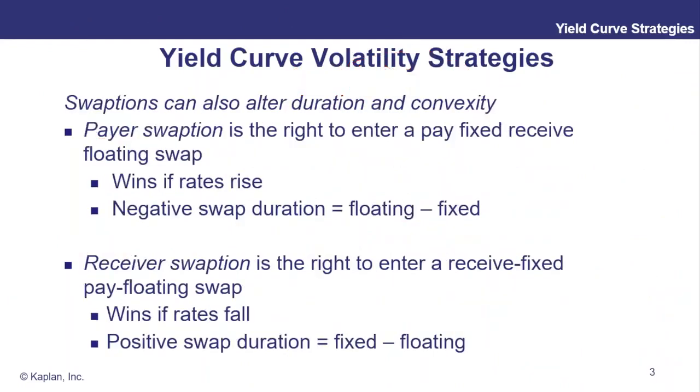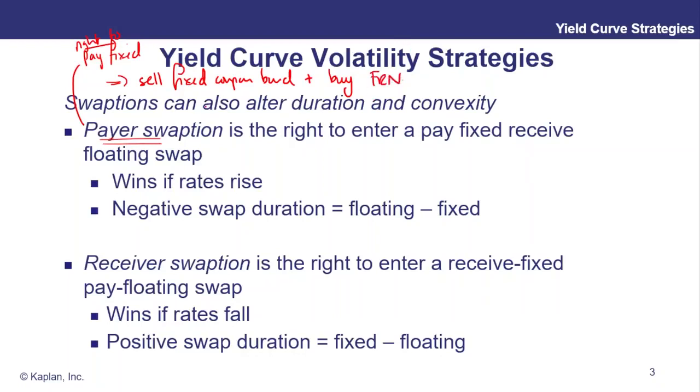Okay, the next slide we kind of spoiled a little bit as well when we sent our drone up to take a 10,000 foot view. We said that a pay swaption is the right to pay fixed. So that's the right to sell a fixed coupon bond, or short it and put the proceeds in the floating rate markets or buy an FRN.